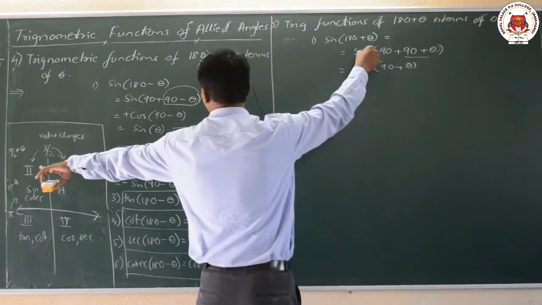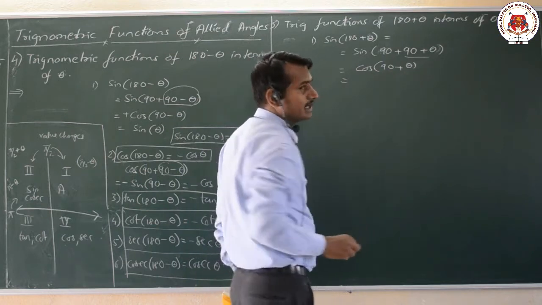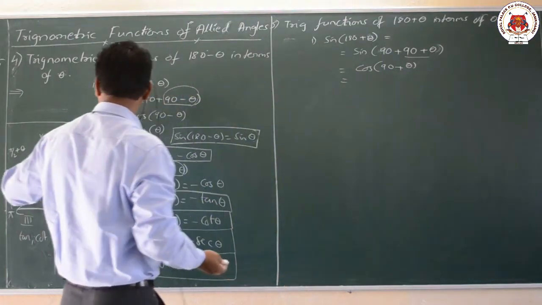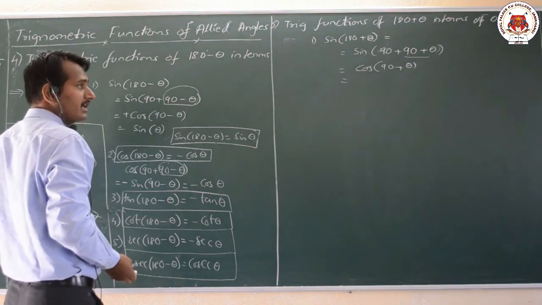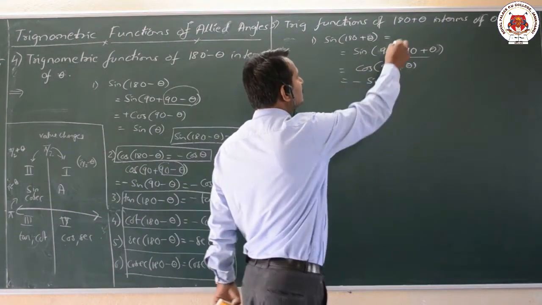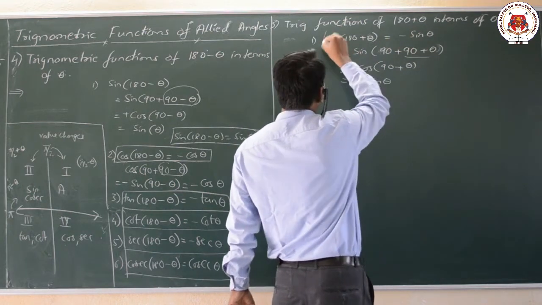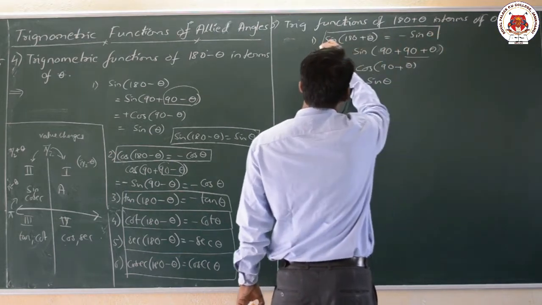Sine is positive in the second quadrant. Now, what is the value of cos of 90 plus theta? Again it comes in the second quadrant, where cos is negative, and cos changes to sine theta. So sine of 180 plus theta is minus sine theta. This is what we obtain here.